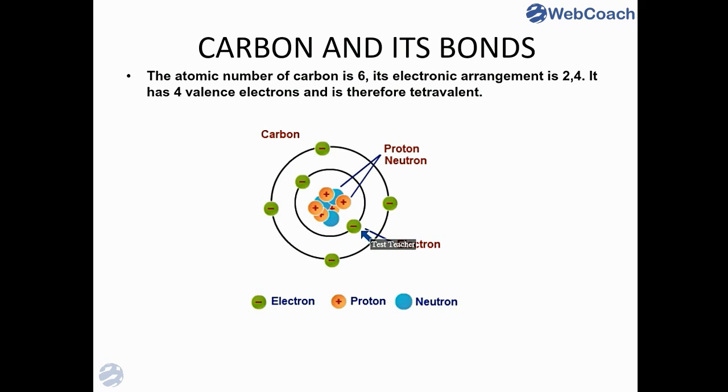Depending upon how many electrons there are, a particular element has its atomic number. For carbon, the atomic number is 6, which means it has 6 electrons revolving around a nucleus. The nucleus has 6 protons and 6 neutrons. Now, can anybody guess why the number of protons, electrons and neutrons are the same?